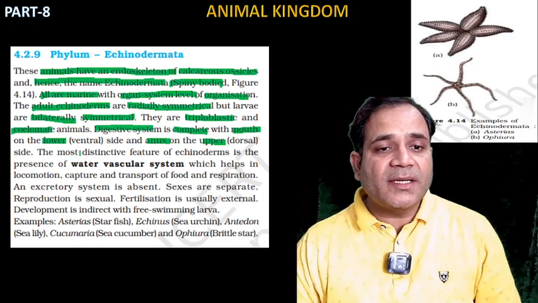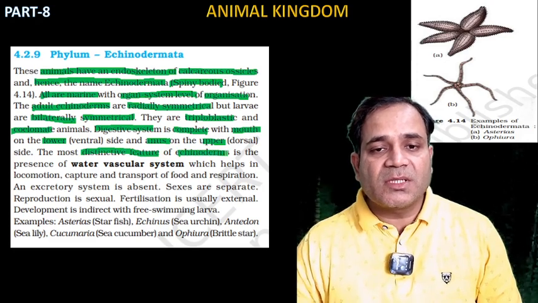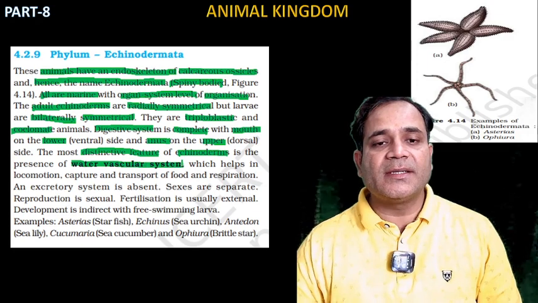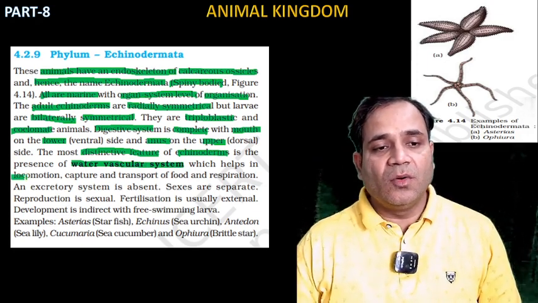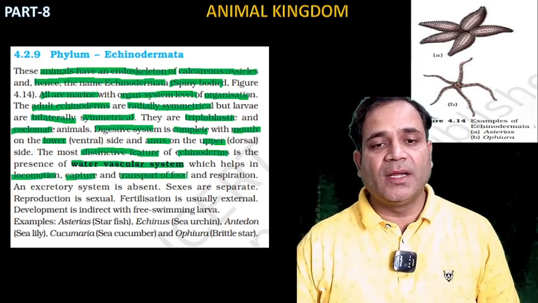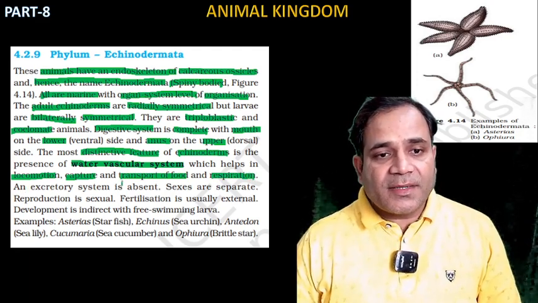The most distinctive feature of echinoderms is the presence of a water vascular system, and this water vascular system is responsible for locomotion, capture of food, transport of food, and respiration. Correct? Is there any excretory system here?